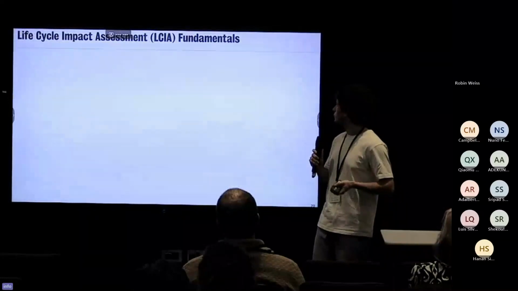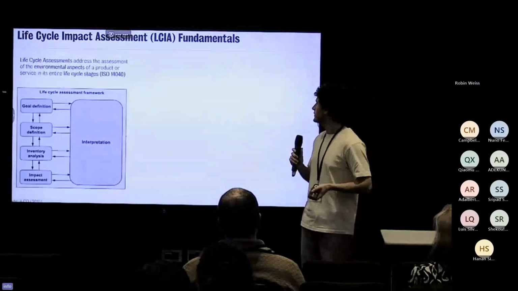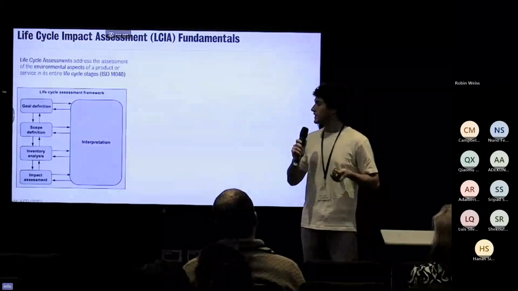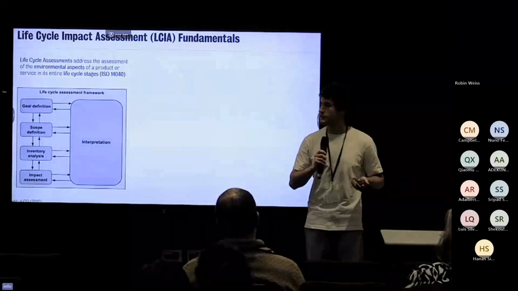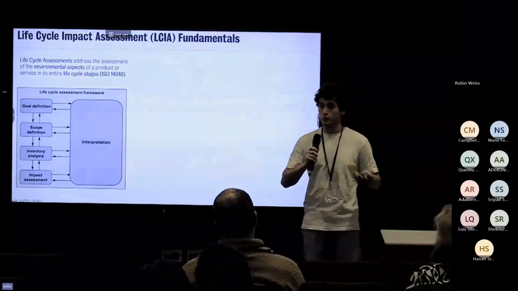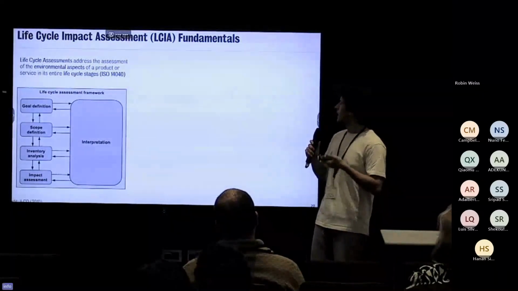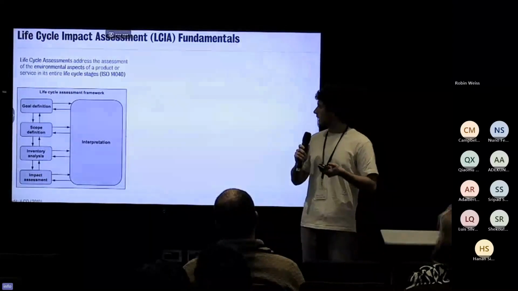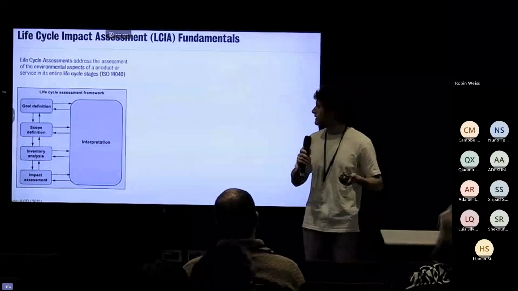And so before we jump into the LCA, I'd like just to show you the LCA framework, which is a set of steps that we can use to always make sure that we can track our analysis and that we can reproduce it within our module. So if we need to update that database, we have a set of rules that we can follow. And so we always start by having a goal definition, a scope definition where we decide on the boundaries of our system, so how far we want to take that analysis.